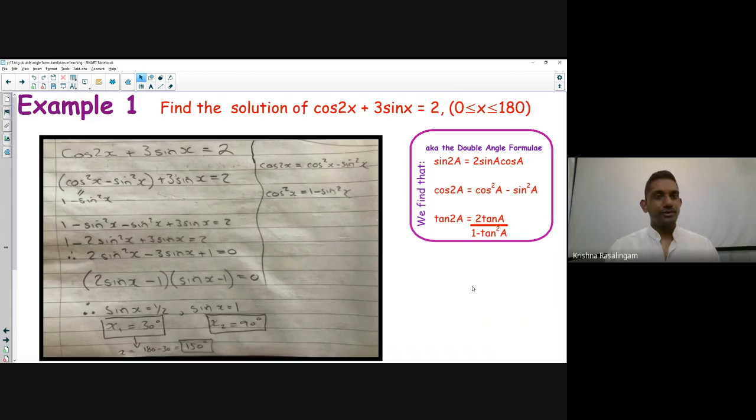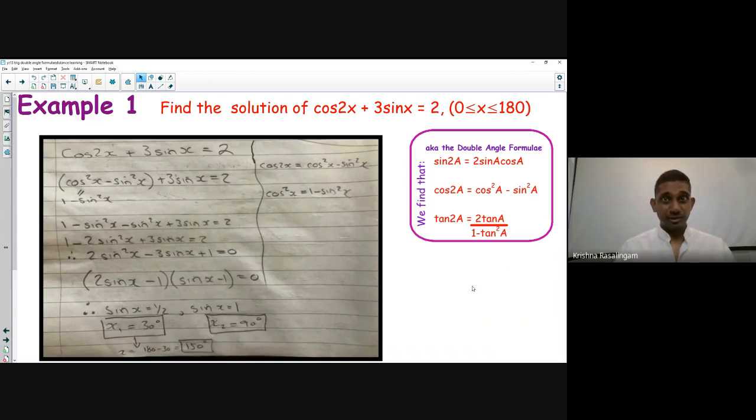And I end up with the quadratic, you can see, 2 sin squared x minus 3 sin x plus 1 equals 0. Now you can solve that with the formula, or you can factorize. Some of you might try to use the substitution y equals sin x to make it look less confusing. That's up to you. So we end up with those results of x is 30 and also 90 degrees. But remember, the range is from 0 to 180.